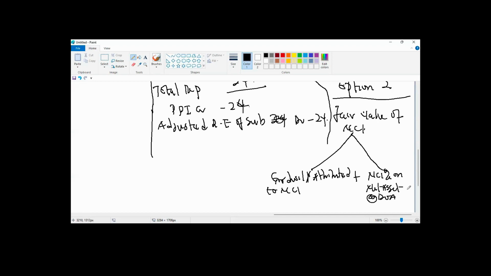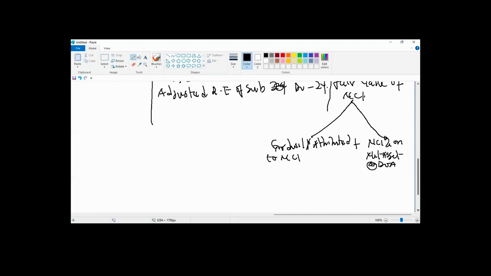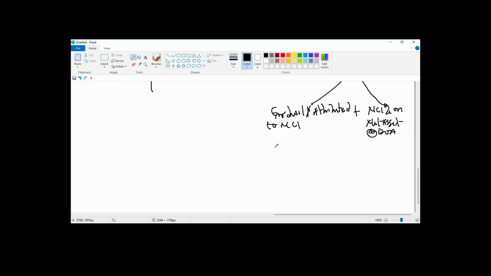That's all. What is the goodwill attributed to NCI? 73, plus 0.25 times 1980. That is what I need for NCI at fair value.